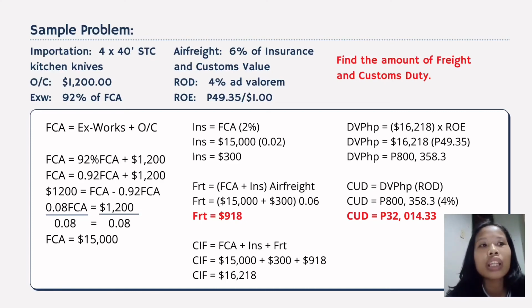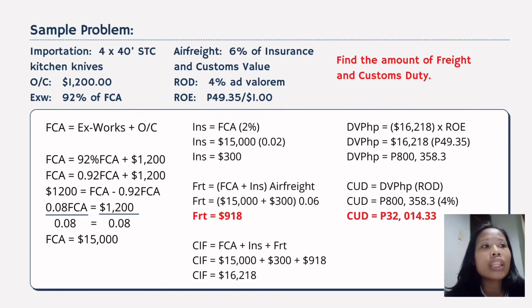We must also find the amount of CIF. CIF equals FCA plus insurance plus freight. So CIF equals $15,000 of FCA and $300 for insurance and $918 for freight. So the answer for CIF is $16,218.